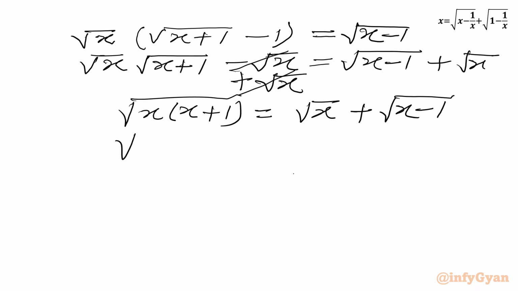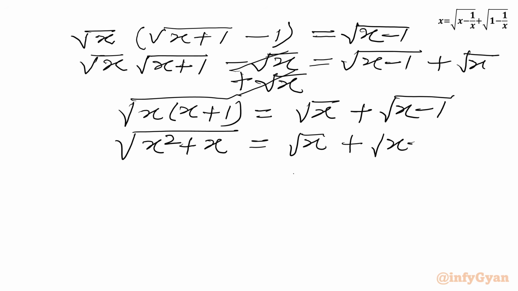which can be written as square root of (x square plus x) equal to square root x plus square root x minus 1. Now we will take squaring both sides. So let us write here whole square.